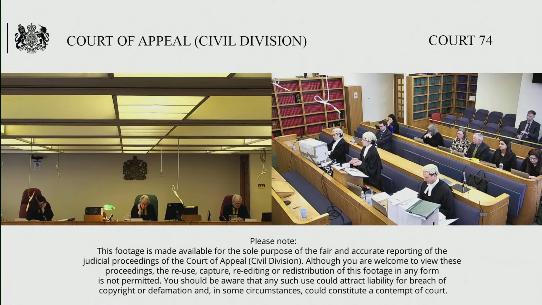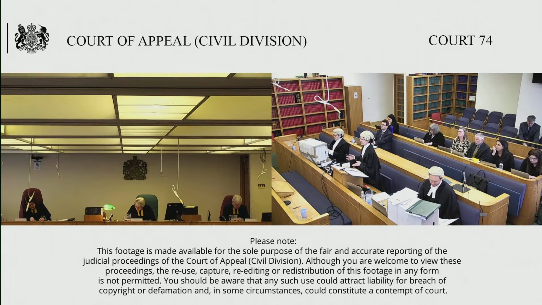I say that's wrong as a construction of subsection 1. We will come to subsection 3 and we will have the arguments about what's the effect of part of it being in her estate, all of it being in her estate on my learned friend's view and all that. We will have that argument. That is in subsection 3.